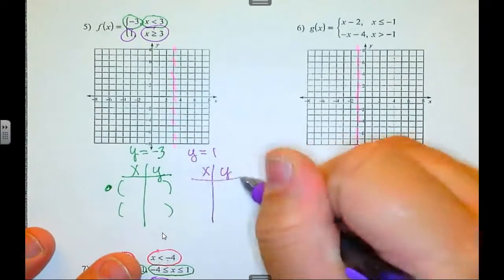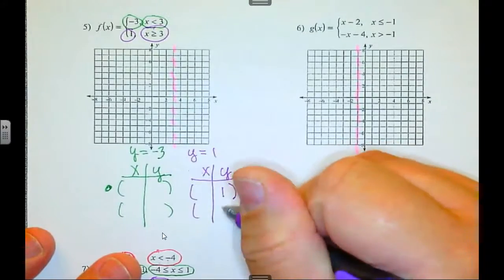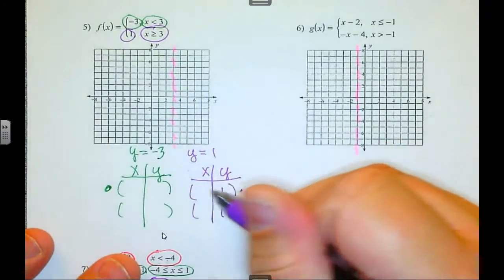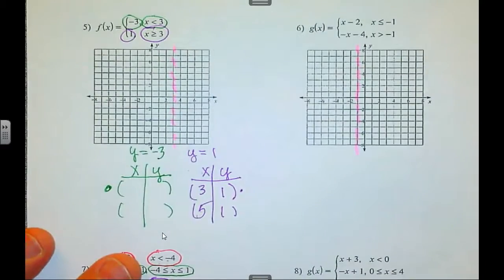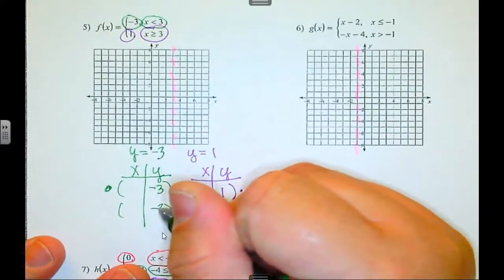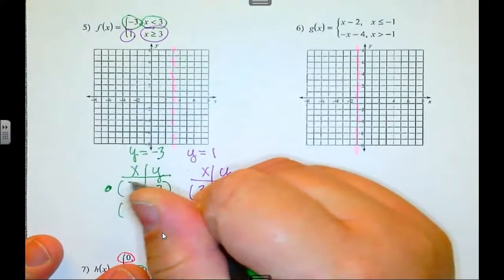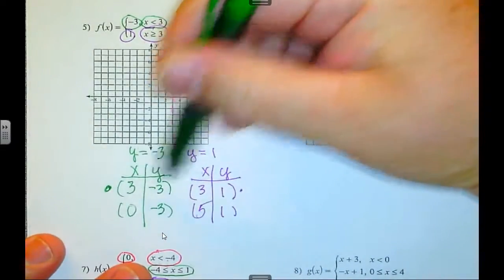Actually, you really don't need to do any of this because these are constant functions, right? They're going to be horizontal lines at those numbers. So, 3, negative 3.